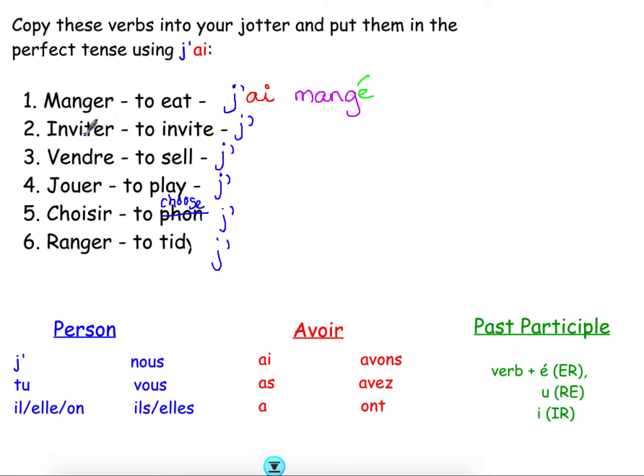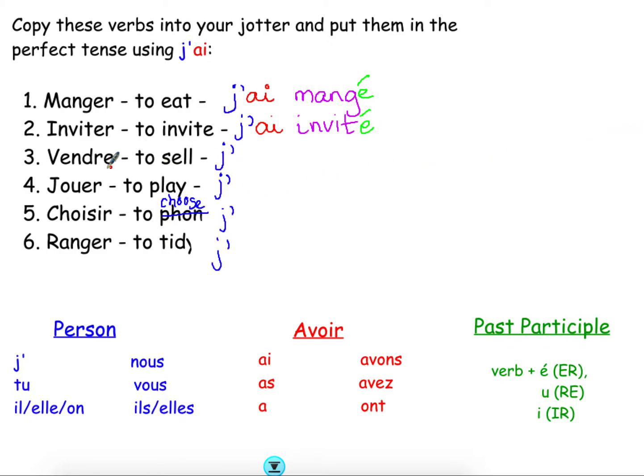Okay, so inviter means to invite. We know we need the part of avoir, so it's j'ai. The verb inviter. Okay, we don't add on the ER here. We add an E acute because it's an ER verb. J'ai invité.